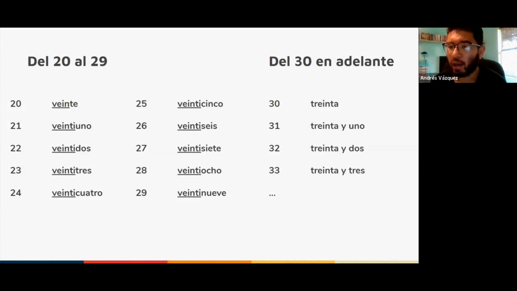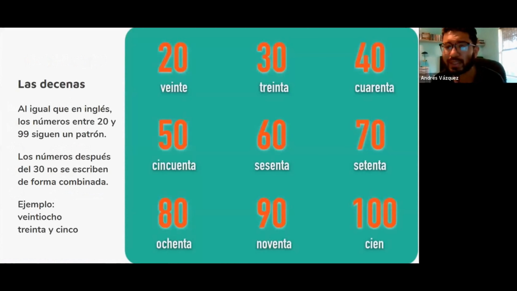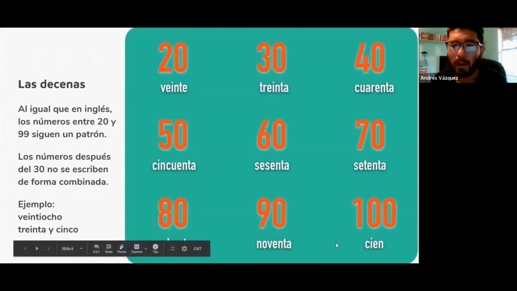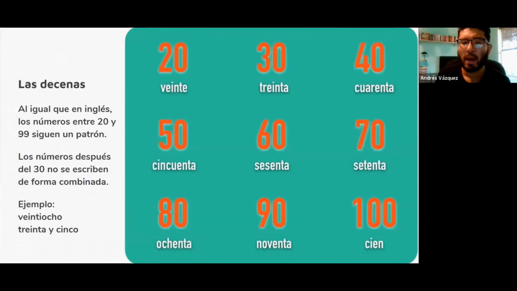So now we have, for example, here 30, 31, 32, 33, and I added the 3 points because it's repetitive. No, we see the pattern, and we know that what follows will be 34, 35, 36, 37, 38, 39. It's going to be the same thing for all numbers up until 100. Then we get into a different kind of pattern.